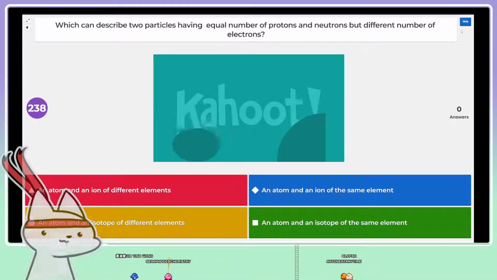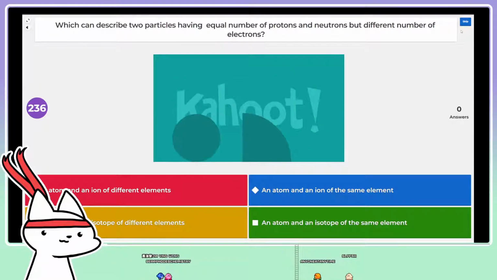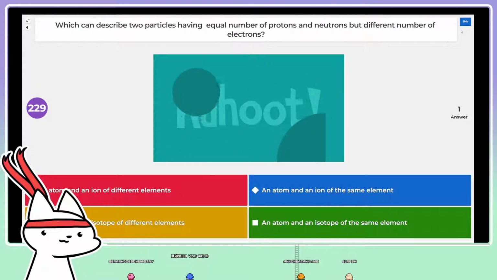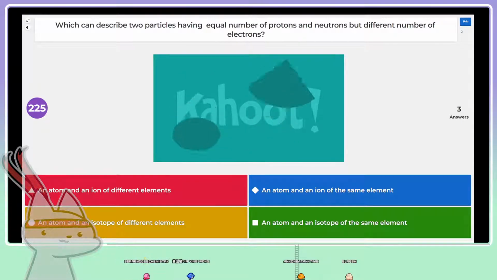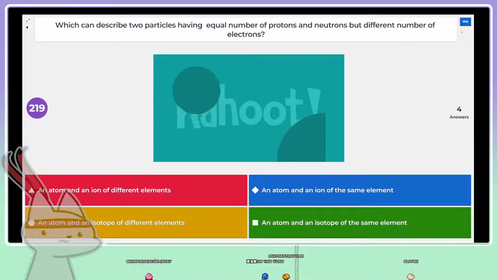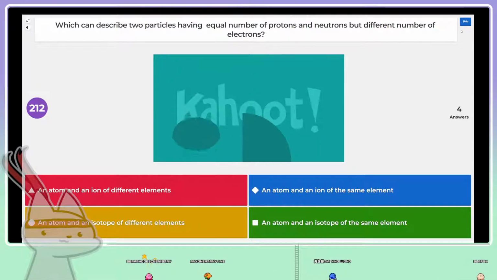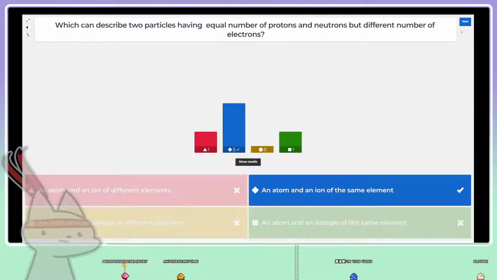Which can describe two particles having equal number of protons and neutrons? So the number of protons and neutrons is equal between the two particles, but the number of electrons is different. Nice.